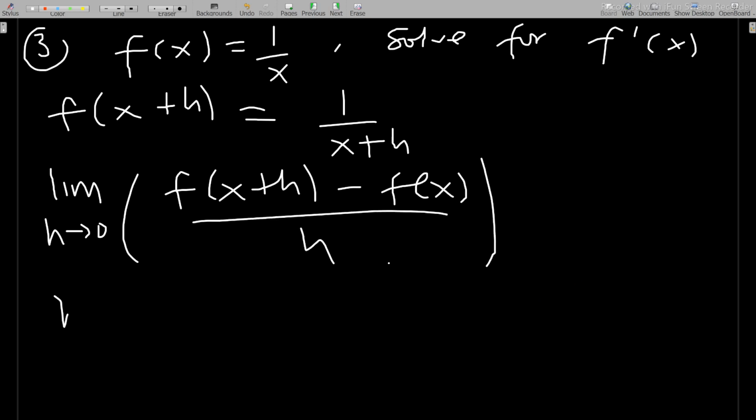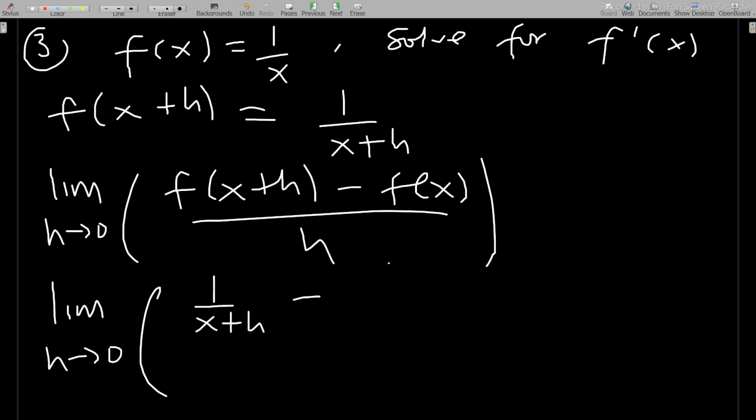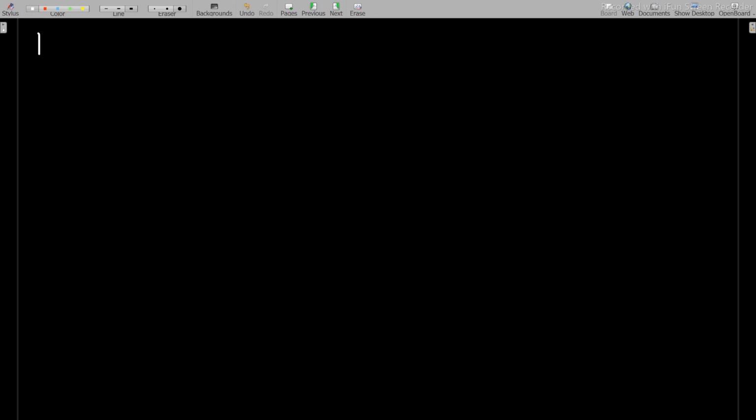Okay, so this will be limit as h approaches 0 of f of x plus h, which is 1 over x plus h, minus f of x, which is 1 over x, all over h. Okay, now the whole of this will give me limit as h approaches 0 of, now let me try to simplify the numerator.